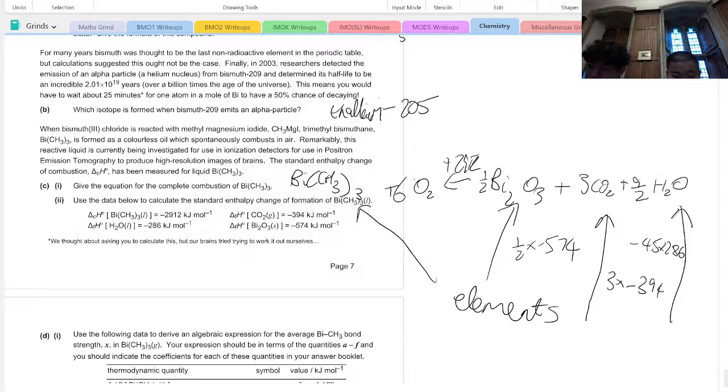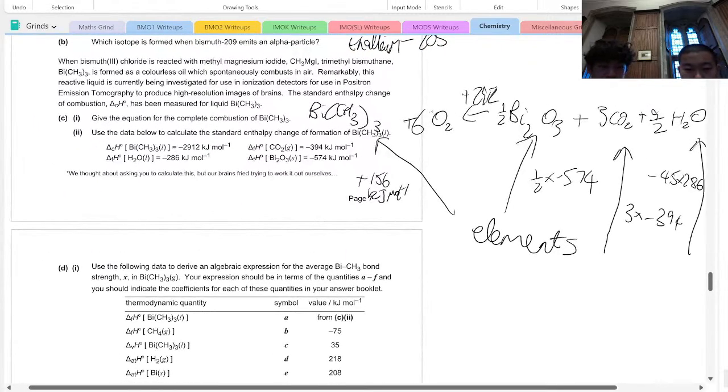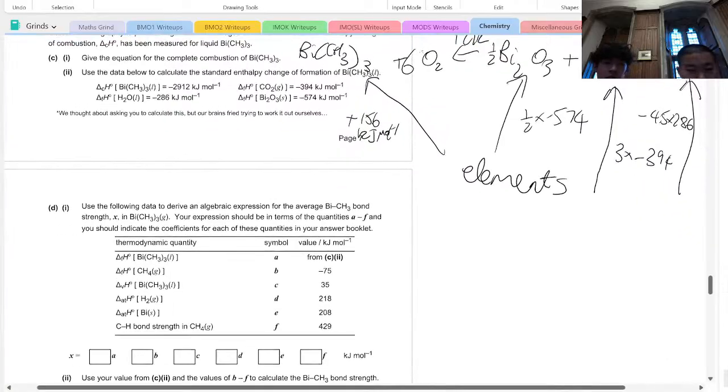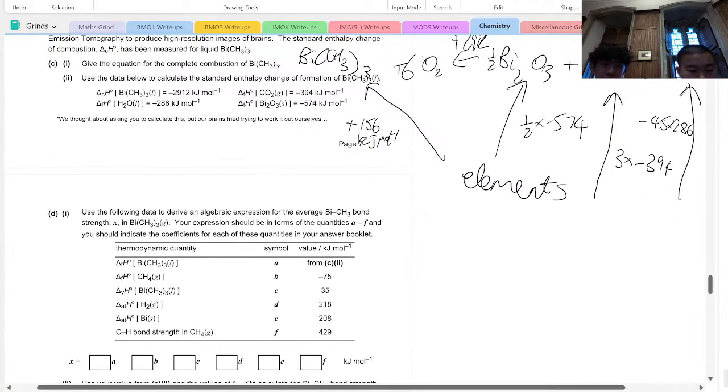Does this seem right? Plus 156. Probably. Standard enthalpy of formation of BiCH3 sounds about right. I checked all of these: minus 4.5 times this, 3 times this, half times this, plus 2912. Seems right.